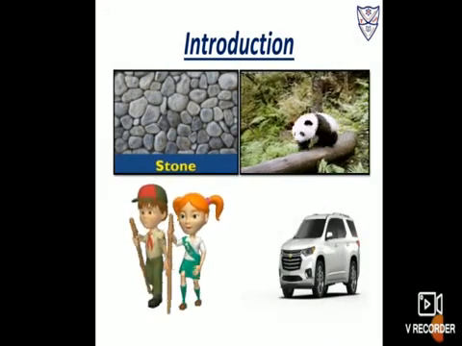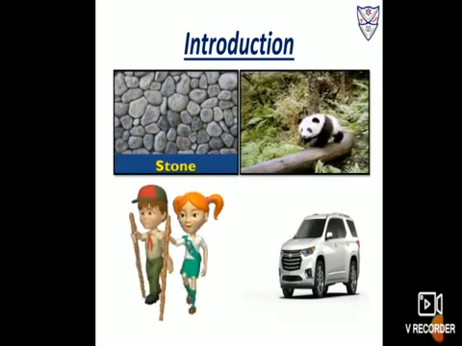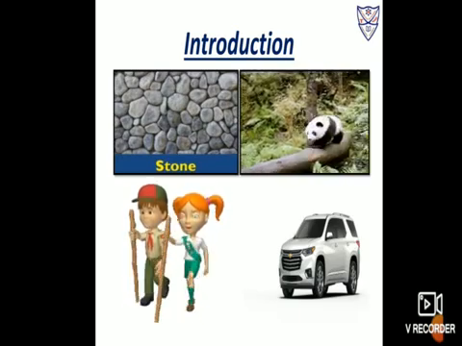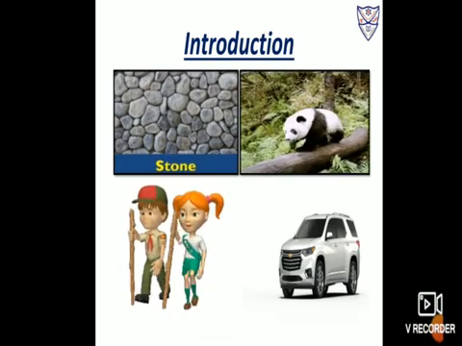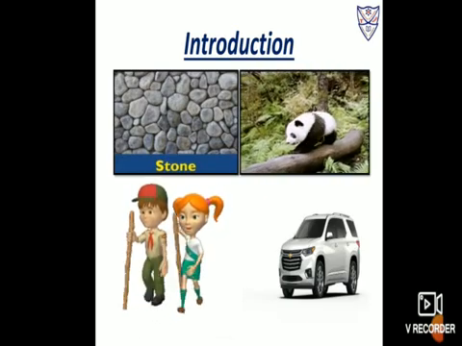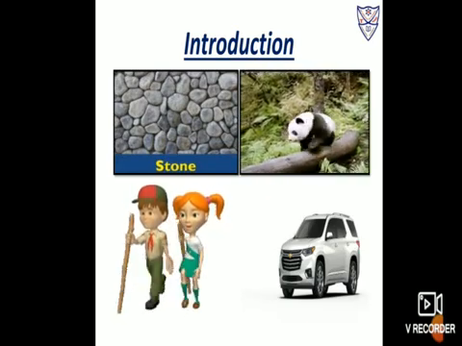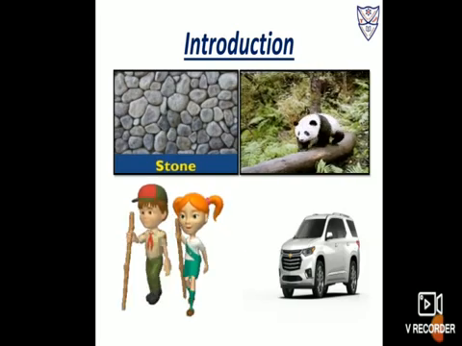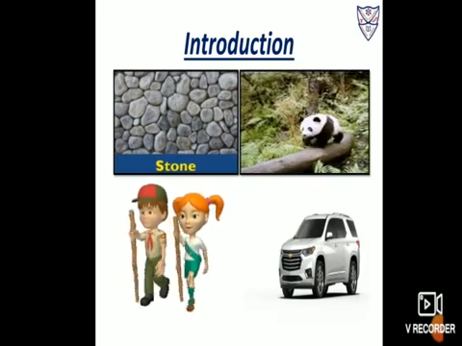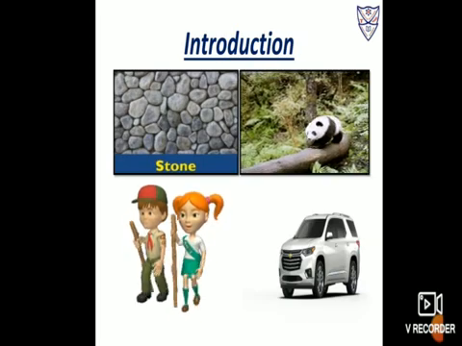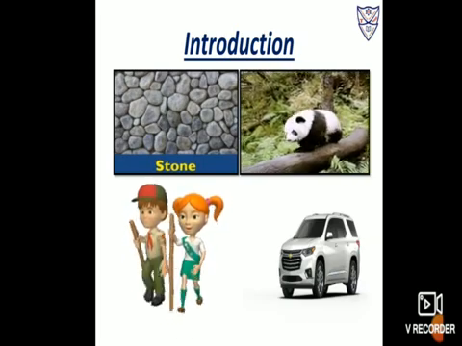Now there are millions of different things in this world around us. Some of them are living and some of them are non-living things. Plants, insects, frogs, human beings, etc. are living things, while sand, soil, air, water, chair, etc. are non-living things.